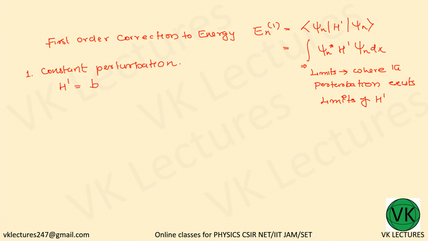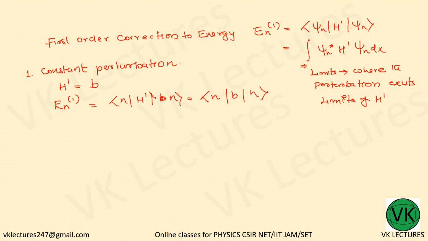Then the first order correction En of 1 is equal to h dash n, this is equal to n b n, because we know that h dash is equal to b.